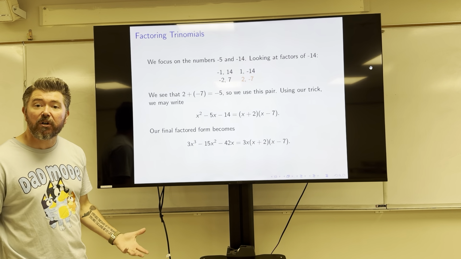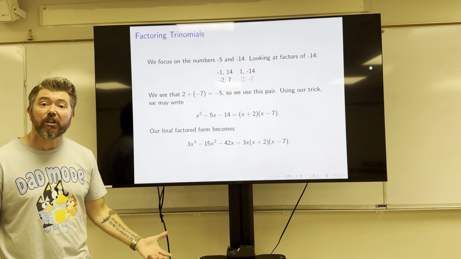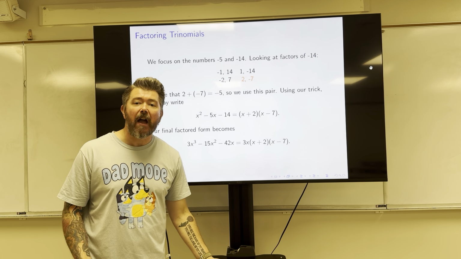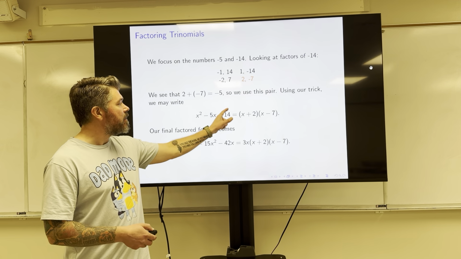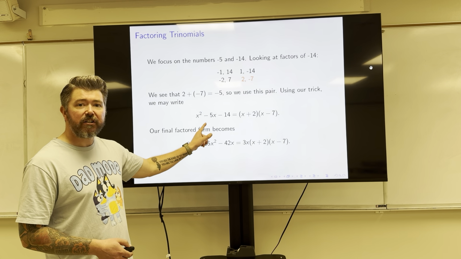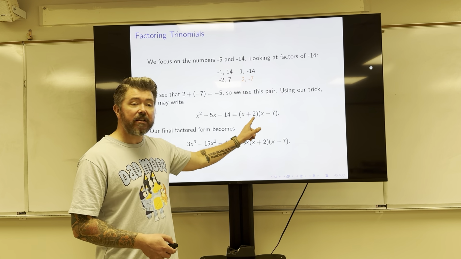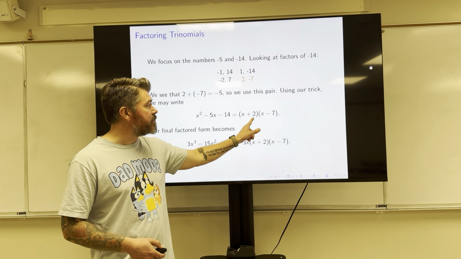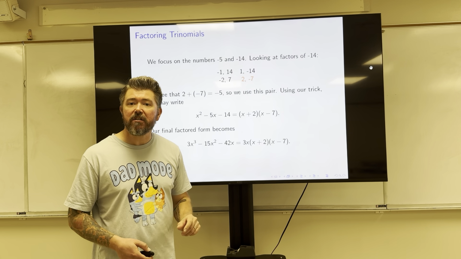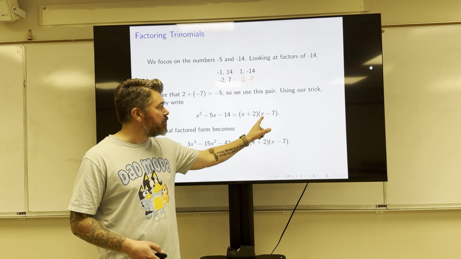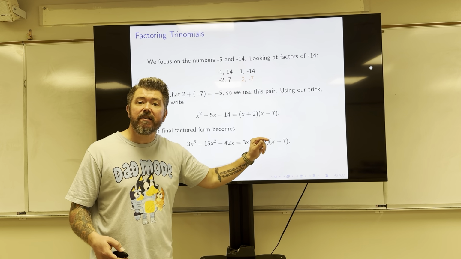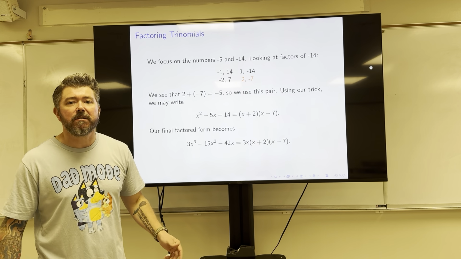Okay, so that's how we're going to split. So really the trick, we can ignore the factoring by grouping. We can use our trick. This trinomial factors into x plus our first number we use times x plus our second number we use. So it factors into x plus 2, x plus a minus 7, or just x minus 7.